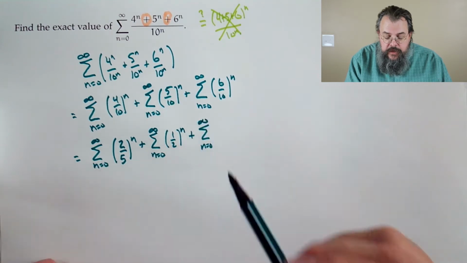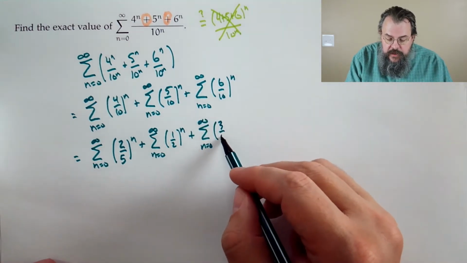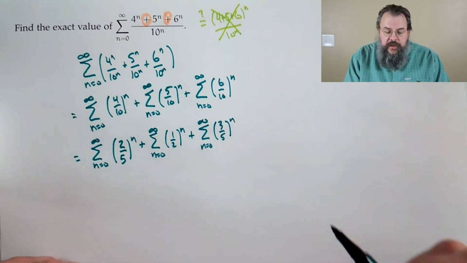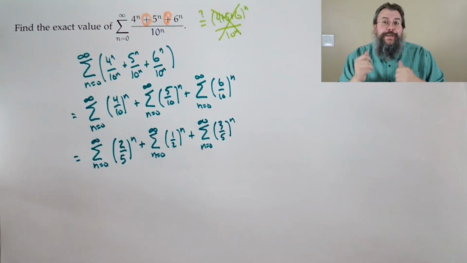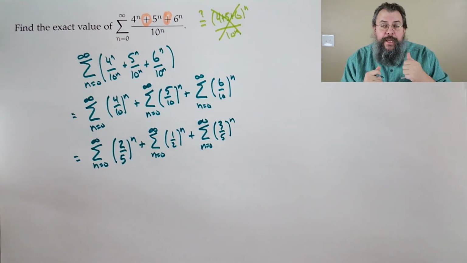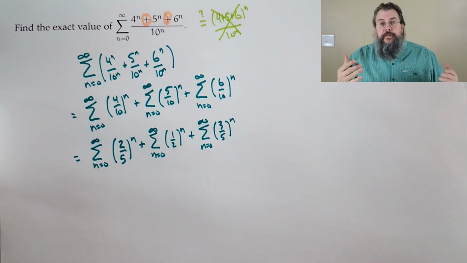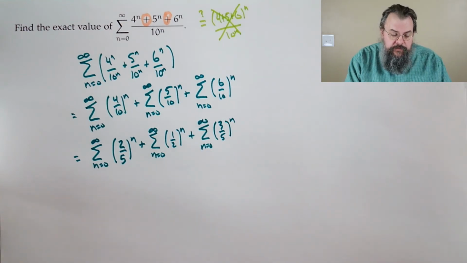Well, it's 6 over 10, factors of 2, 3/5. And now, perfect. Each one of these is geometric. Each one has a value of r, that multiplying factor, that's smaller than 1 in size. 2/5, a half, 3/5. All those are below 1 in magnitude.